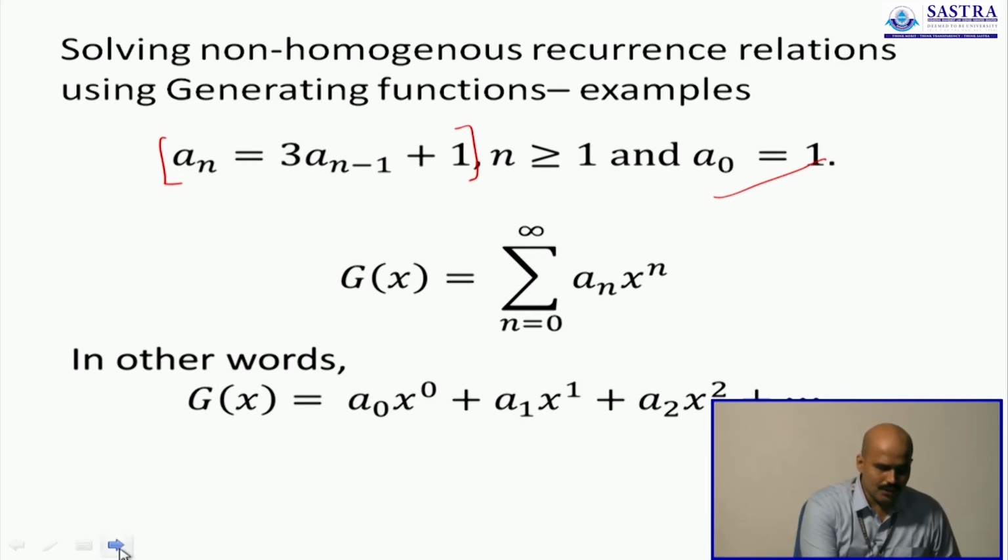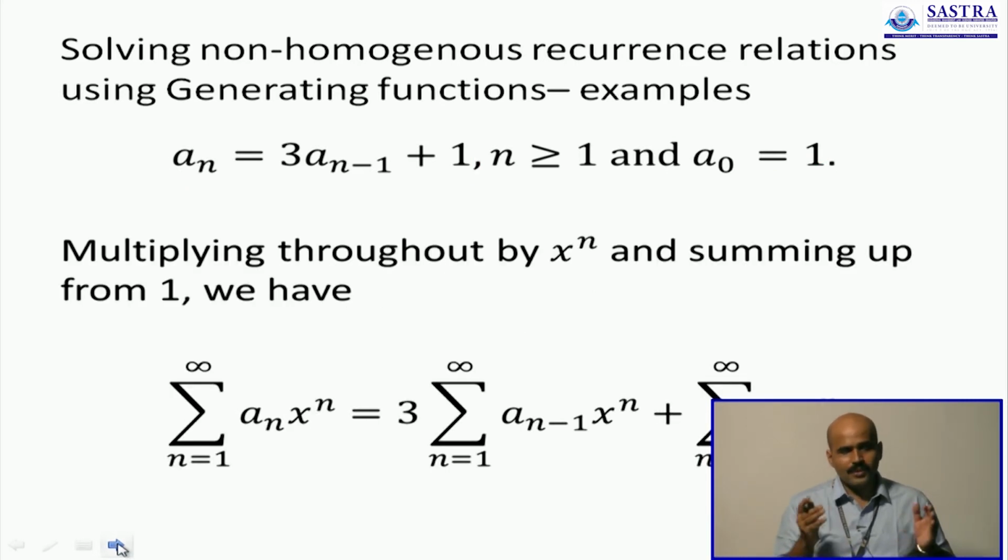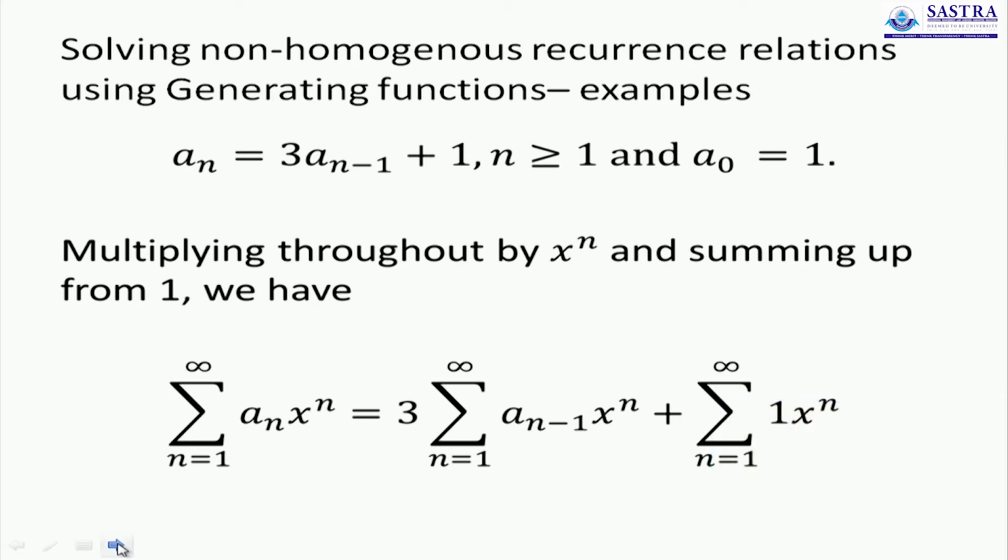So what we will do is consider the recurrence relation given, and we will multiply throughout the given equation by x^n. Why x^n? Because x^n is important to look at the same answer using a generating function. All generating functions that we saw were summations of powers of x. So to insert the power of x into the problem, we will multiply throughout the equation by a power of x.